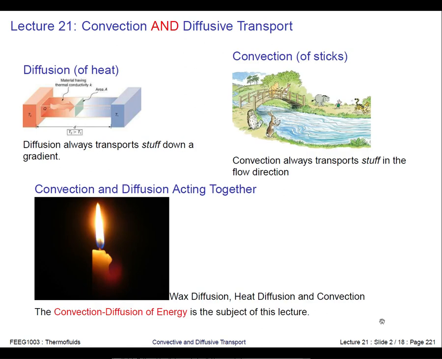Okay, so let's think about convection and diffusion. So if we have a steel bar and one end is hot and one end is cold, we know that heat's going to flow from one end to the other end. So if it's a steel bar and you put one end in the fire and you hold the other end with your hand, it gets hot because all the heat is travelling up the bar.